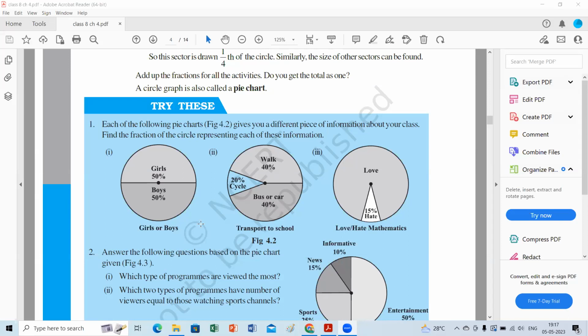Now coming to the next part, 15% hate mathematics means what fraction of people hate mathematics? So 15 by 100, which is the same as 3 by, what is 15 by 100, children? What is 15 by 100?